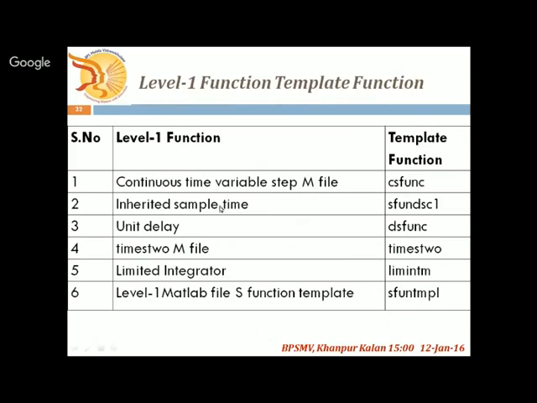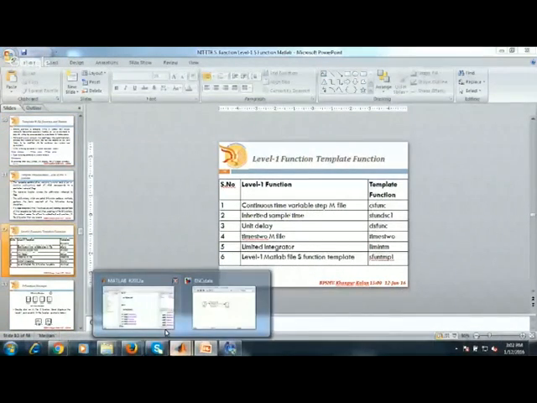It will open the inherited sample time template. Unit delay template. Again here, times 2, used to implement a scalar gain. This is the level 1 MATLAB file S-function template. For this you type edit sfuntmpl in your command window.